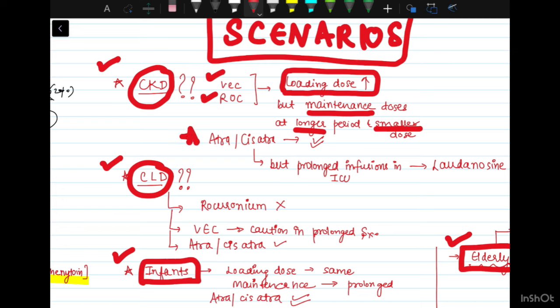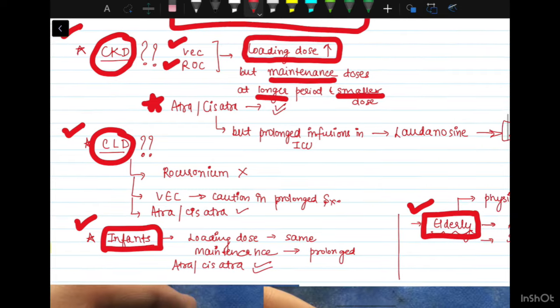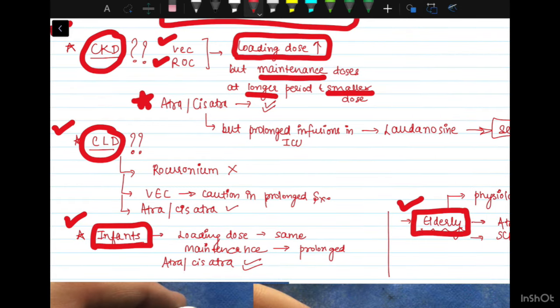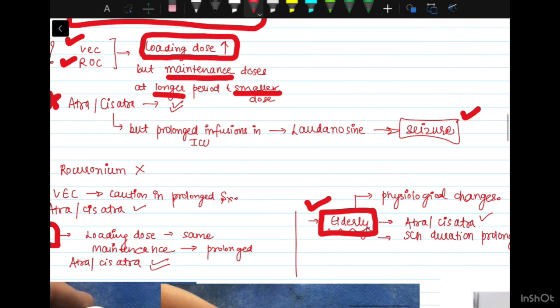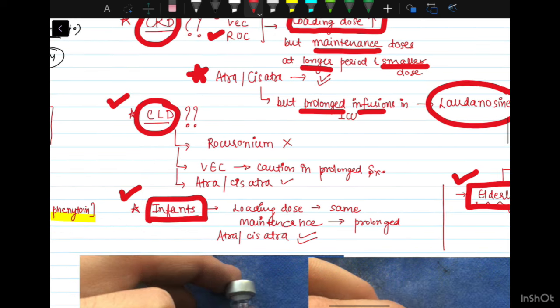But obviously the best is atracurium, because you can give it as much as you want; because of Hofmann elimination it will get excreted. But the problem with prolonged infusions, as we have discussed, is laudanosine, which may lead to seizures.